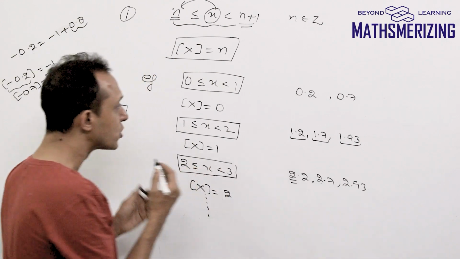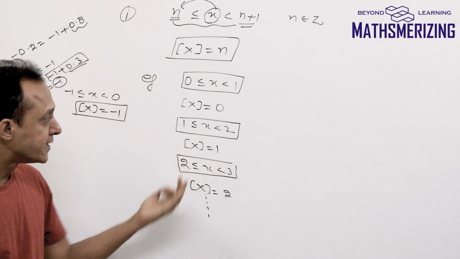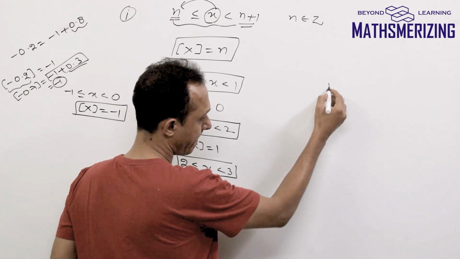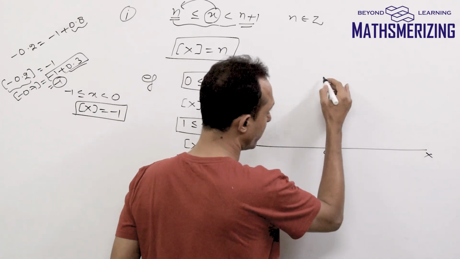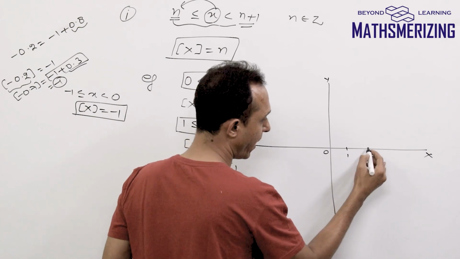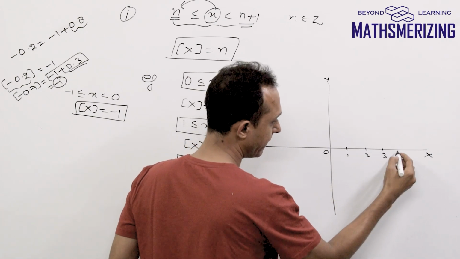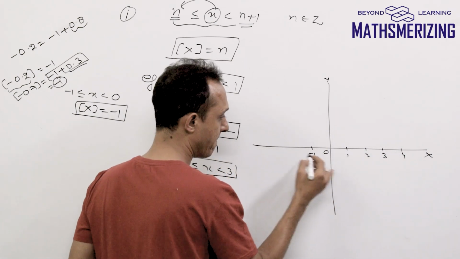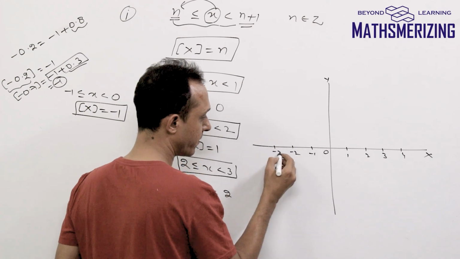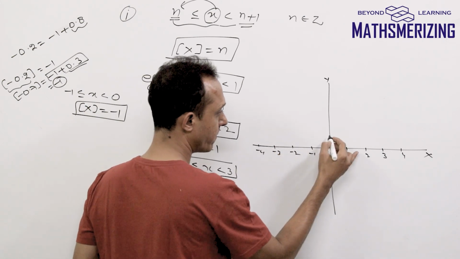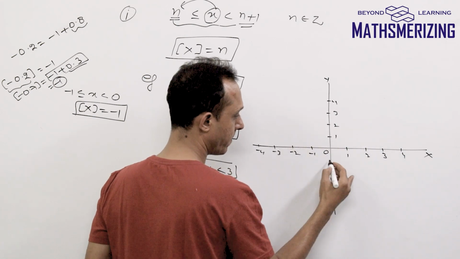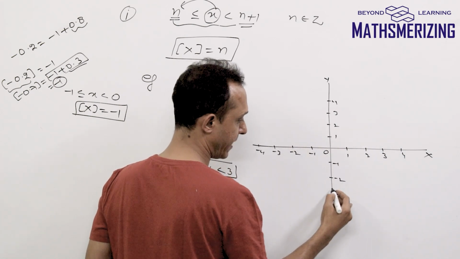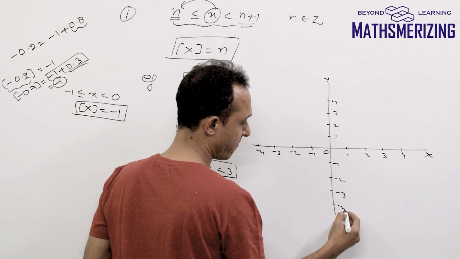Now, if I need to draw the graph of this function, then I can simply draw the graph as, so that's your x-axis and y-axis. I'll mark the points 1, 2, 3, 4, -1, -2, -3, -4.